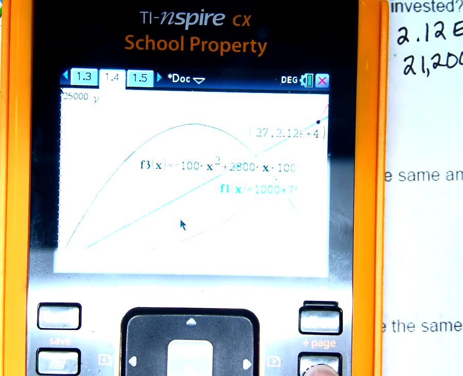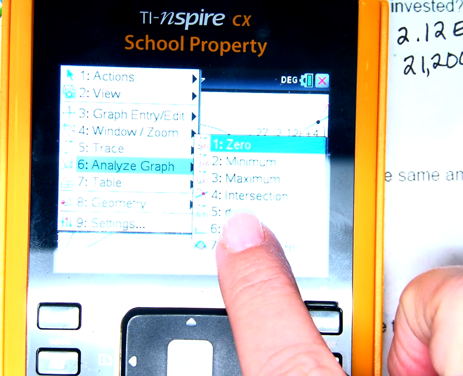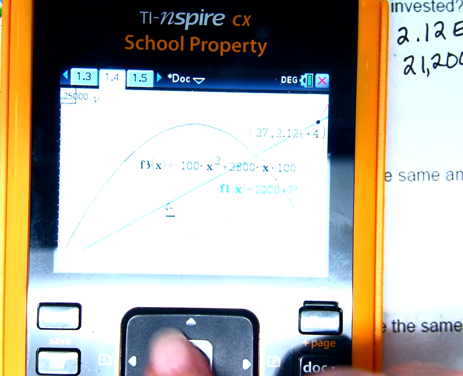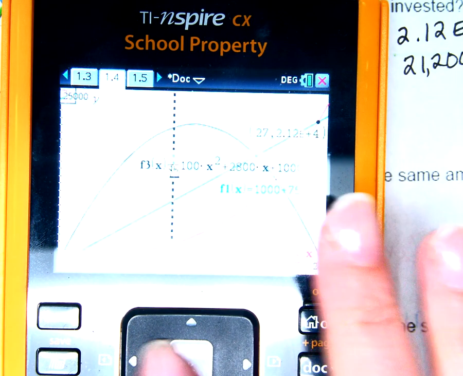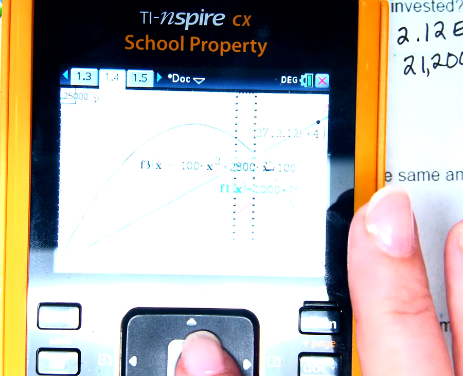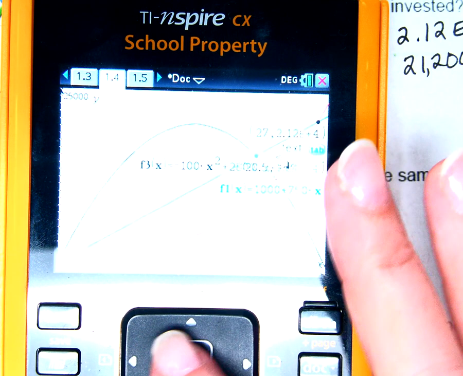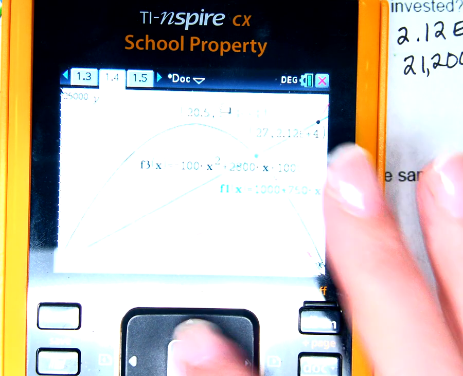So menu, analyze, intersection. But this time I want the line and the parabola. Left and right. Now it's getting kind of messy because of all the things that I'm looking for, so I'm going to move that one so I can see it a little bit better.